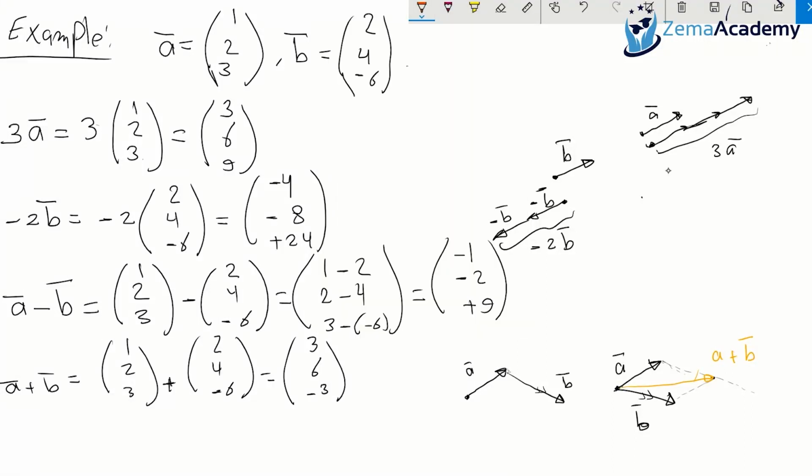The summation A plus B has its start at the start of A and its end at the end of B. Okay? Any questions? That is if you write it as vectors, the graphical representation. One more example.